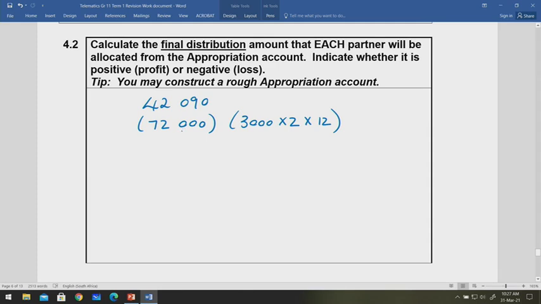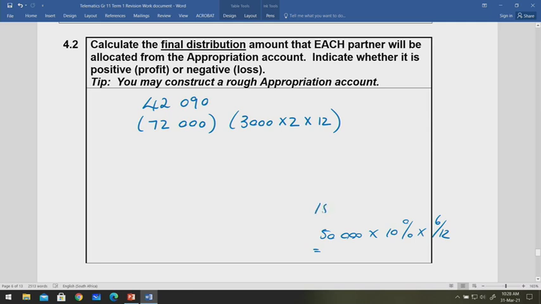The interest, 10% per annum. Terry increased his capital by 50,000 on the 1st of September. It was recorded correctly. So Terry, the 50,000 that he contributed, he receives 10%. He increased that on the 1st of September, so that was for September, October, November, December, January, February. That was for 6 months. And at the end, his capital was 200,000.